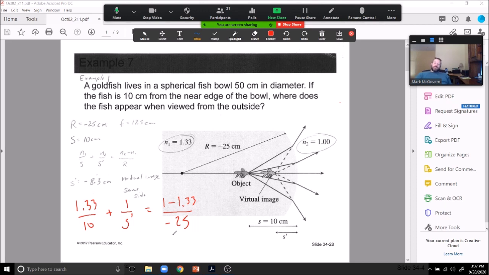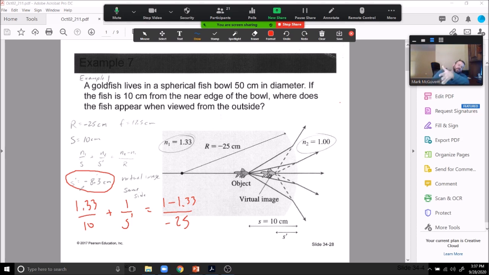So the top's going to be negative, the bottom's going to be negative, but when you move this thing over to the side here, this is going to end up being a larger quantity, the 1.33 over 10, and you'll be subtracting it here, and you end up with the S prime value being a negative 0.83 centimeters. So that means this object is going to appear on the same side.